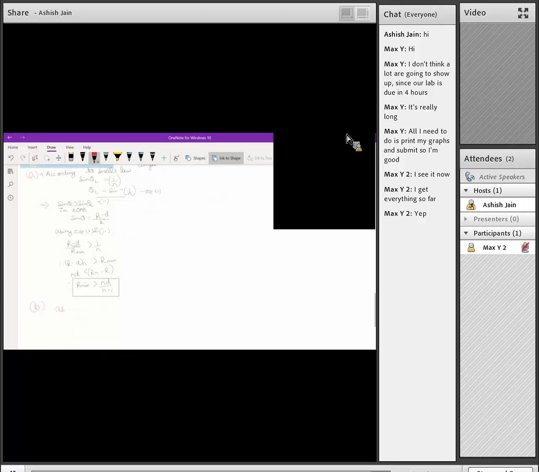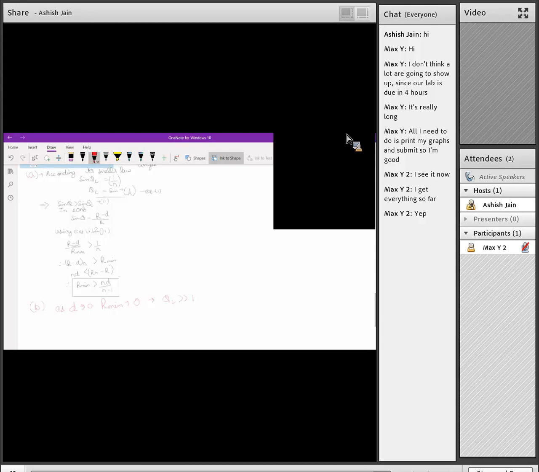So as D tends to 0, then R min tends to 0. Is it reasonable? Yes, because as D tends to 0, then theta I will be very, very large.